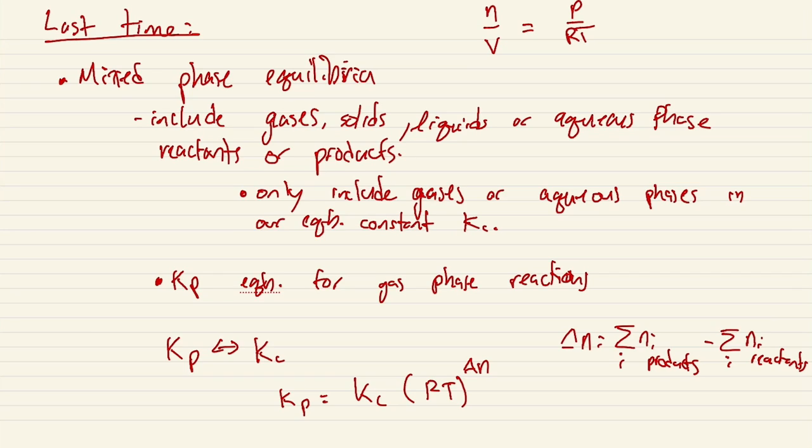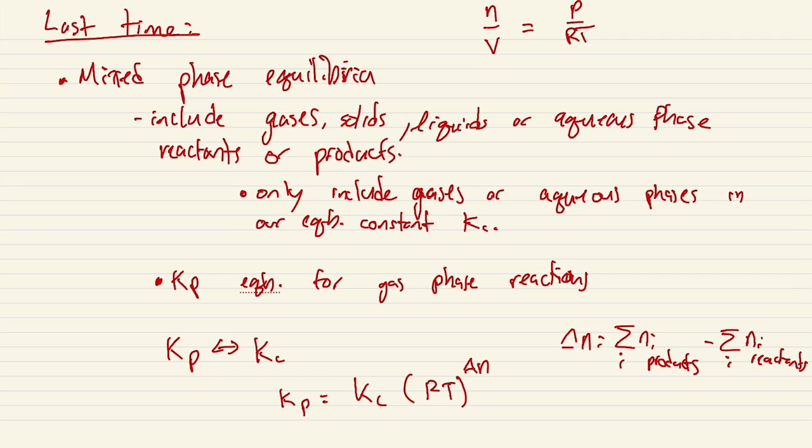I probably spent a year thinking about why it doesn't work out sometimes. When we do this, we're just going between these two values. Kp is an equilibrium constant where the value of 1 means something different than the value of 1 for Kc. But independently, they give you the same equilibrium. And so this gives us a relationship between the two. We're not going to focus too much on that. This is more about understanding that equilibrium can be represented in terms of the partial pressures of the gas along with the concentrations.